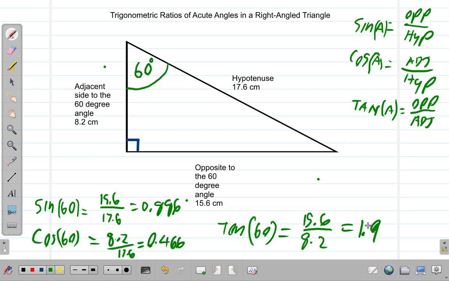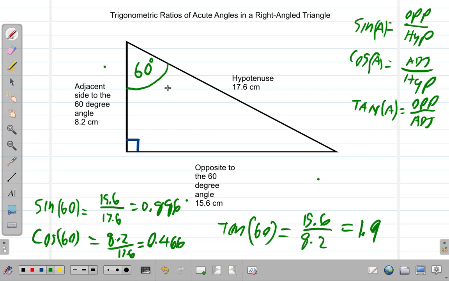You're not going to get exactly what the calculator will give you, right? But you'll get something kind of close to what the calculator will give you. All right. So these are from measurement, the sine, cosine, and tangent of 60. But you know that from calculation, it's a much more accurate value than this.